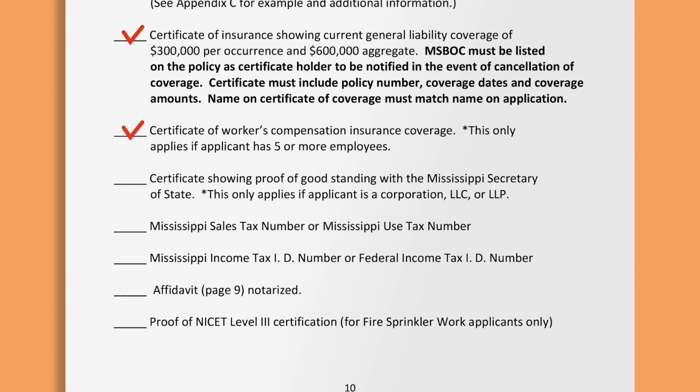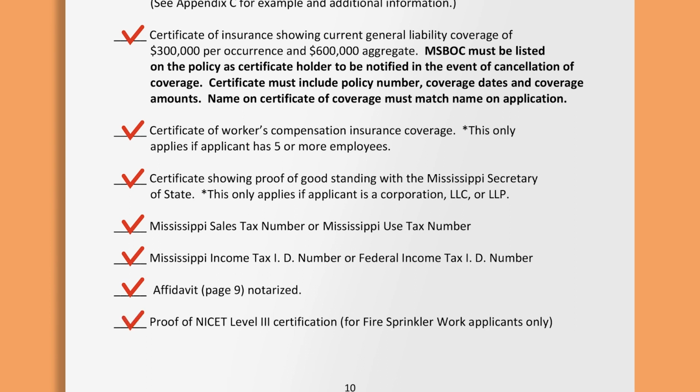If applicant is a corporation, LLC, or LLP, you must attach proof of good standing with the Mississippi Secretary of State. Make sure you have included the required tax ID numbers and the affidavit on page 9 has been signed and notarized.